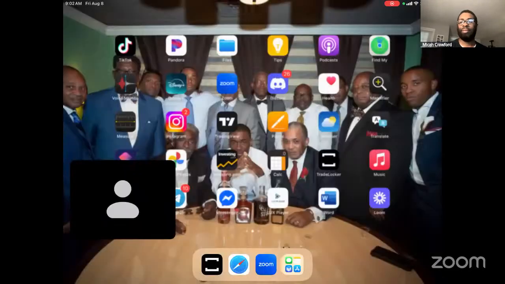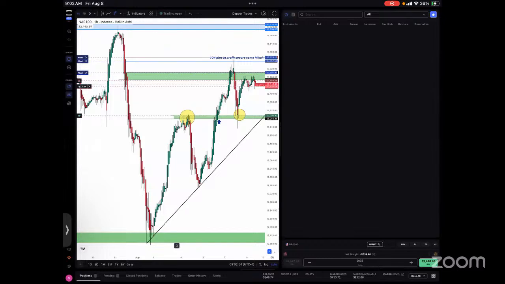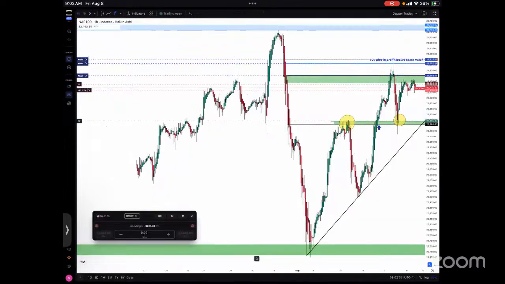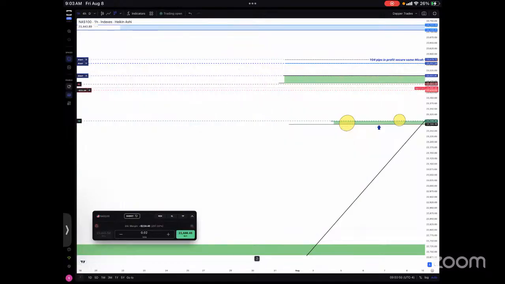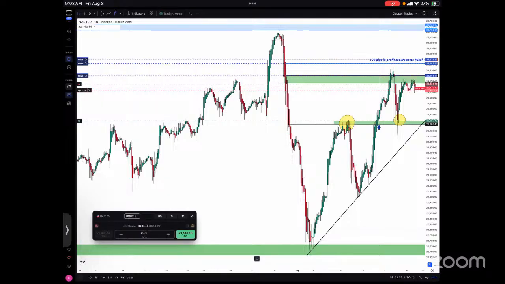Yep, showing the tablet. Okay, so let's talk about the pound yen first.